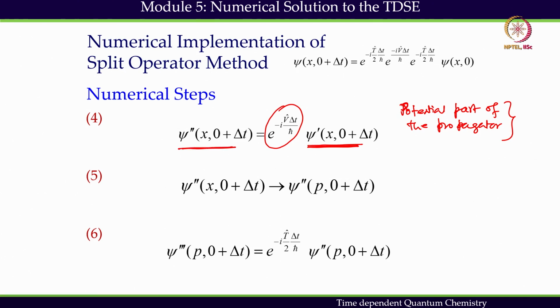Once we get that, we are done up to this, but then again I have to employ this kinetic energy part, and in order to do the kinetic energy part, again I have to move to the momentum part. So I have to convert it from position to momentum representation of the wave function.